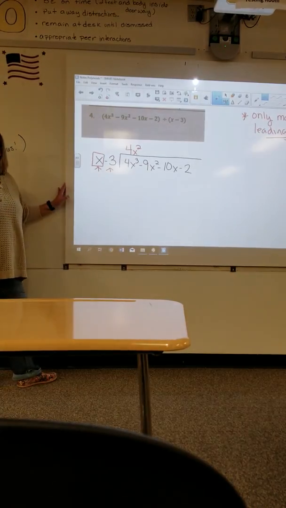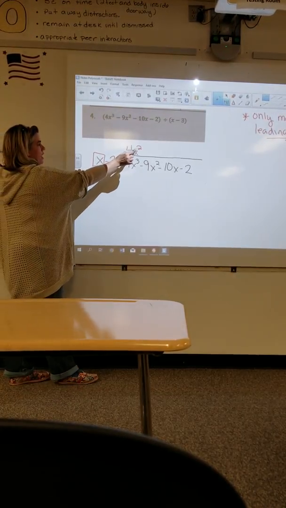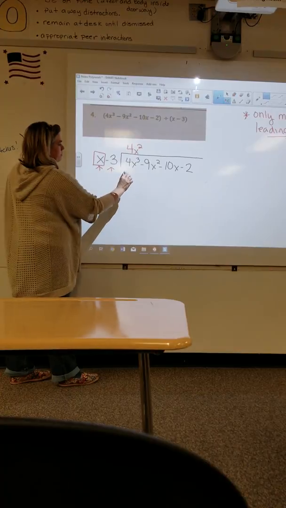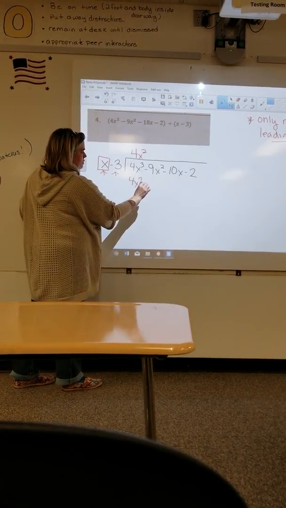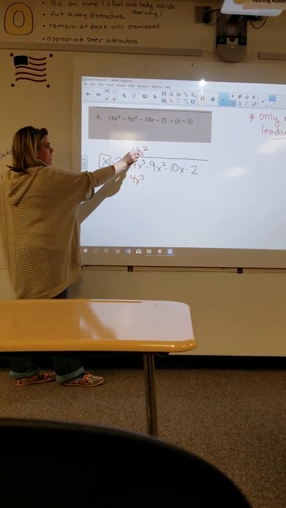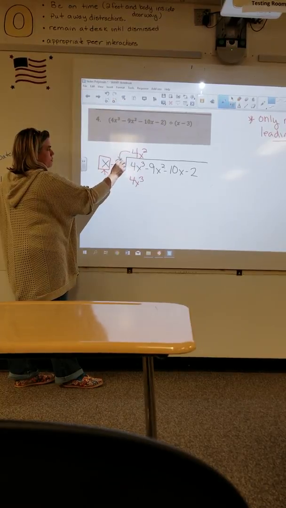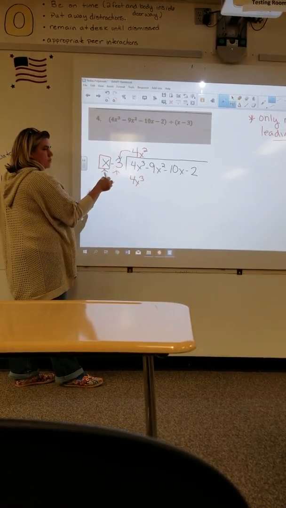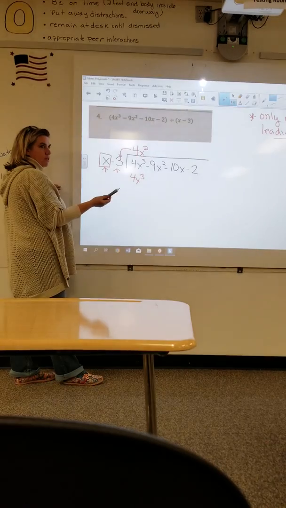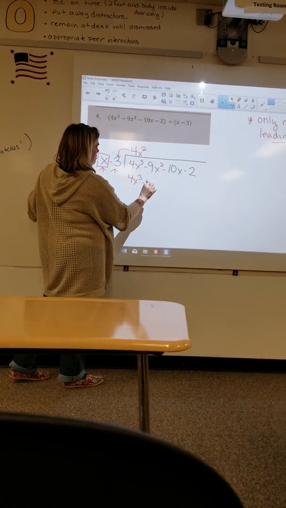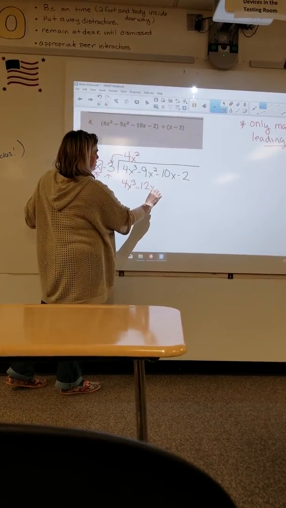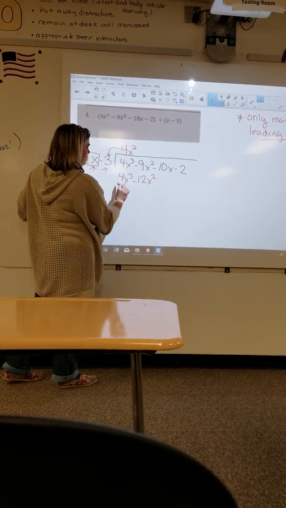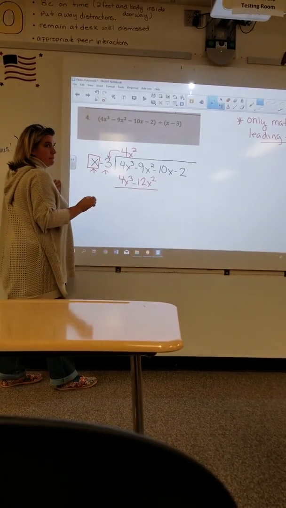So it's like distribution. So 4x squared times x gives you your 4x to the third. Then take your 4x squared and multiply it to your negative 3. What is 4x squared times negative 3? So negative 12x squared.